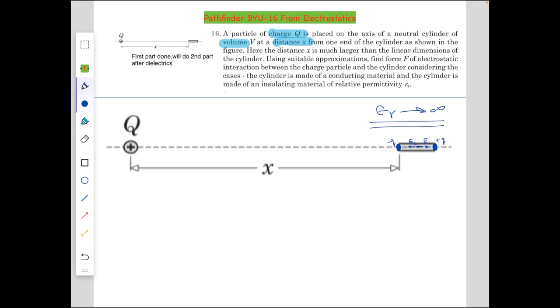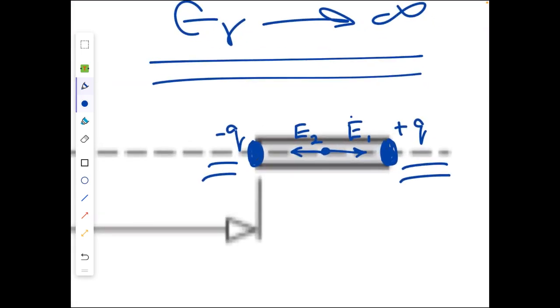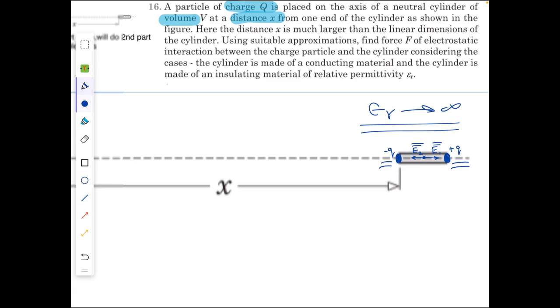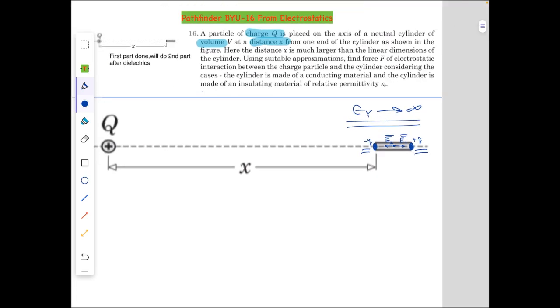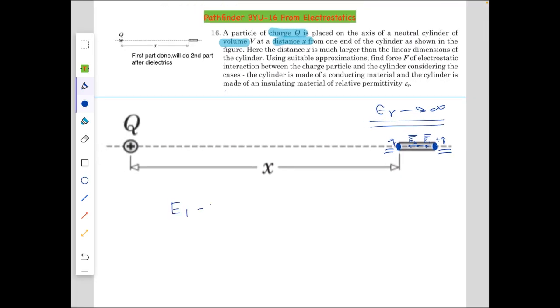So let's assume that a charge of minus q is induced on the surface nearer to the charge Q, and that on the further surface a charge positive q is induced. Let's assume that the electric field E1 is due to the positive charge Q and E2 is due to the induced charges. So what we get from here, E1 minus E2 equals E net, which will be equal to E1 over epsilon r by the definition of dielectric.